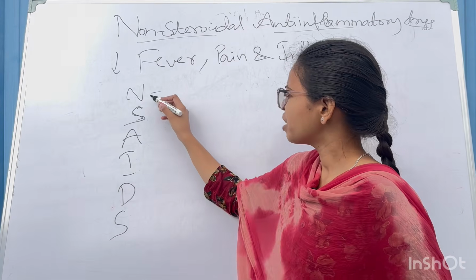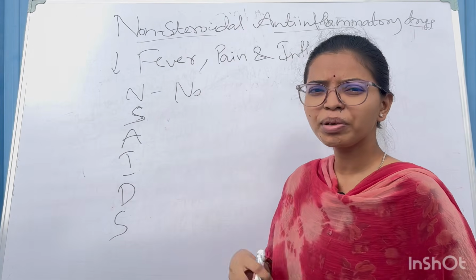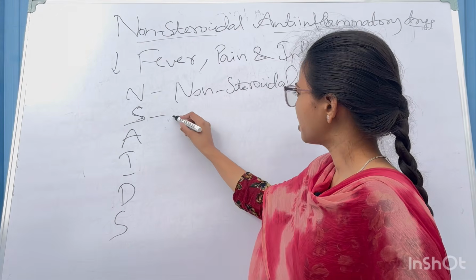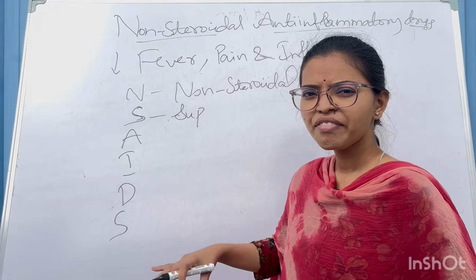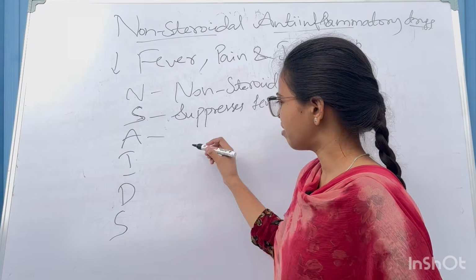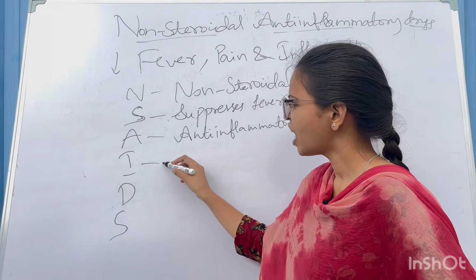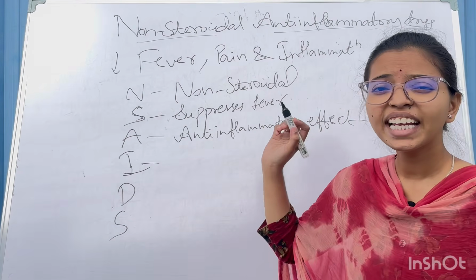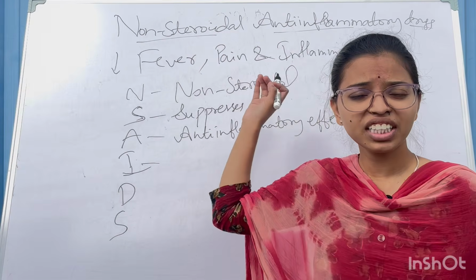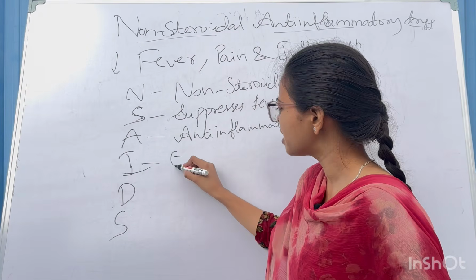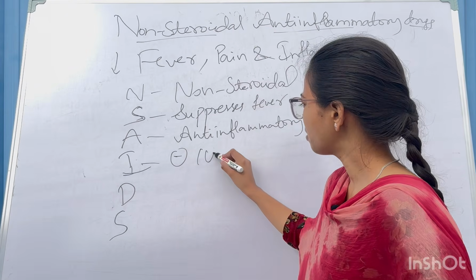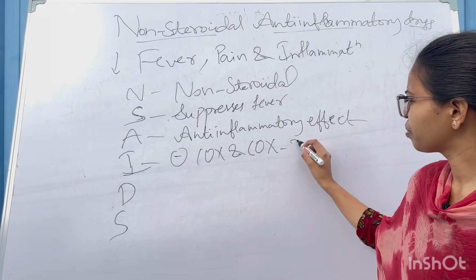Let's see. N means non-steroidal, that is, without the presence of steroid molecules. S suppresses fever. Next, A is for anti-inflammatory effect. I stands for inhibition, the main action of NSAIDs, which inhibits the COX enzymes, COX-1 and COX-2, both enzymes.